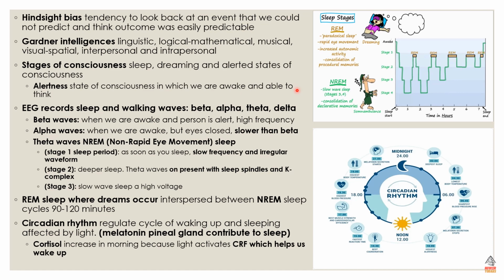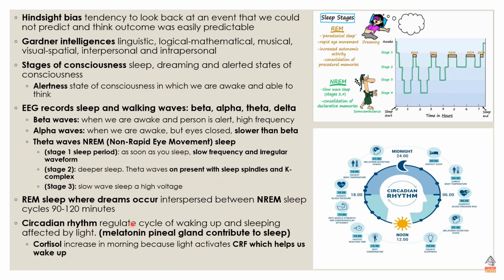That's like alpha waves. Next, you have theta waves in NREM, the non-rapid eye movement sleep. Here you have multiple stages. Stage 1 is the sleep onset period. As soon as you fall asleep, there is a slow frequency, irregular waveform of theta waves. Then stage 2, you're getting deeper into sleep. Theta waves are present with sleep spindles and the K complex.